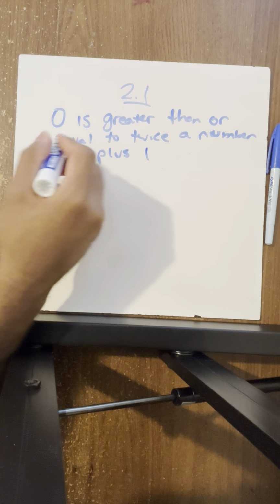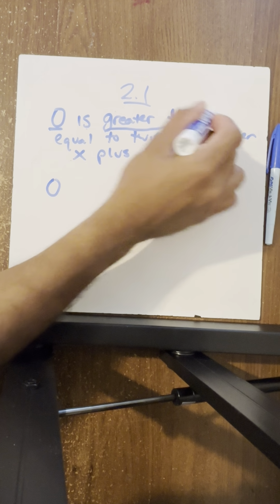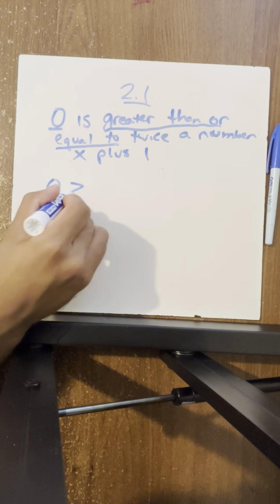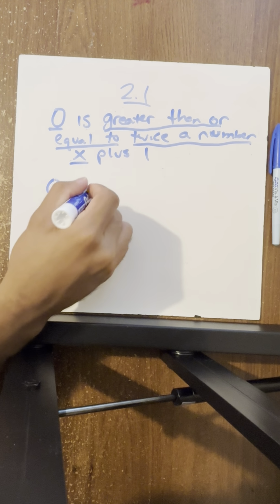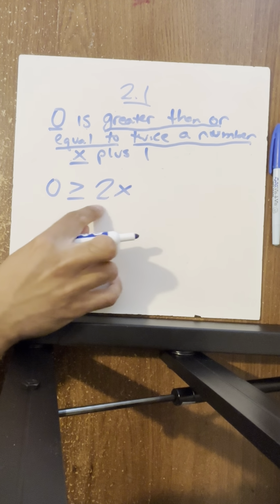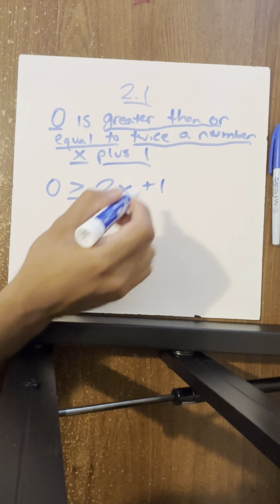Okay, so 0 is greater than or equal to twice a number x, we'll call that number x, so twice a number x, this means twice the number x, plus 1. And that is your answer.